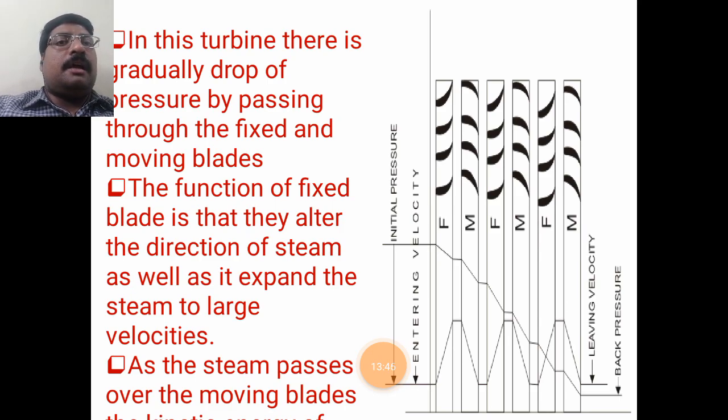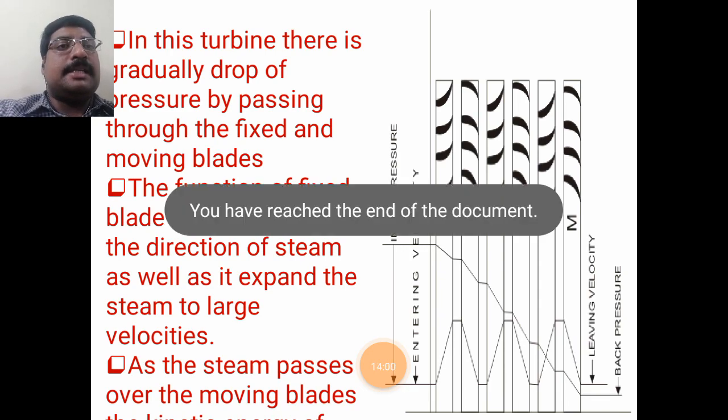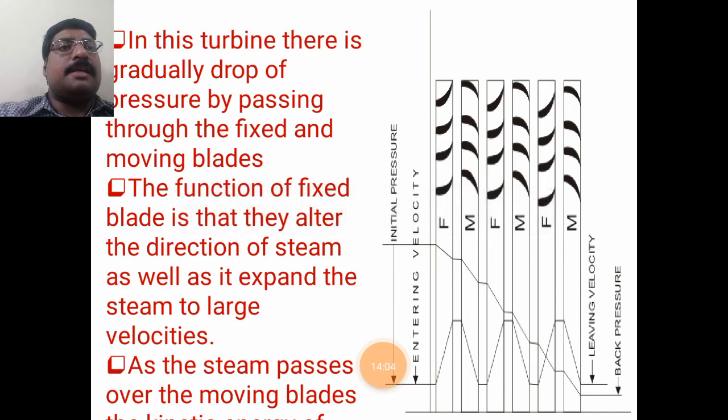Now, the fixed blades alter the direction of steam as well as expand the steam to large velocities. Now, as steam passes over the moving blades and strikes the moving blade, there is a loss in kinetic energy, and hence there is a drop in pressure.